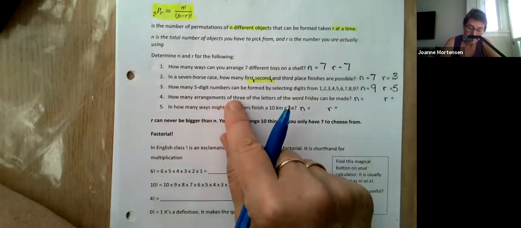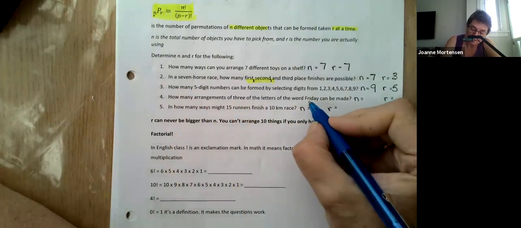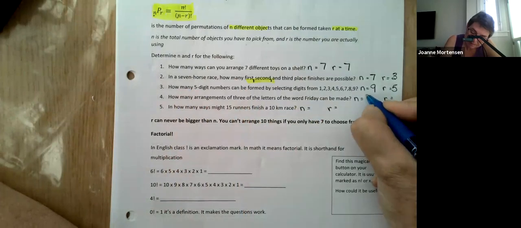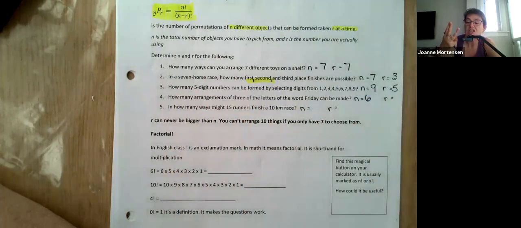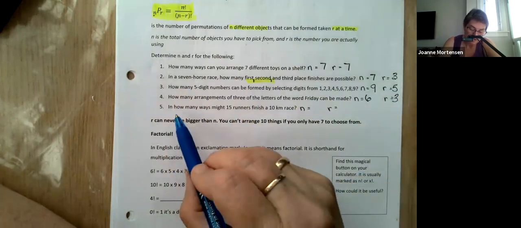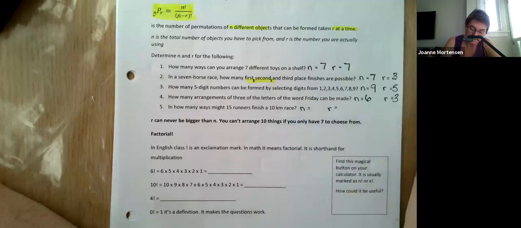Okay, how many arrangements of 3 letters of the word Friday can be made? Well, there's 1, 2, 3, 4, 5, 6 letters in the word Friday. And we have to arrange 3. Now, in how many ways might 15 runners finish a 10K race? How many things are we arranging?